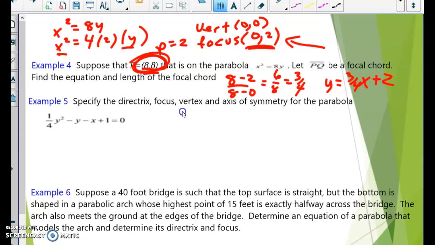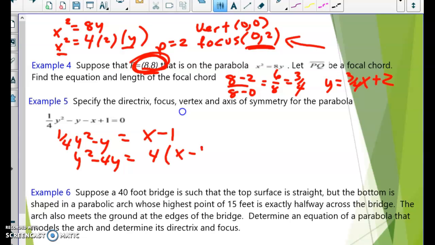So what I want to do is put 1/4 y squared minus y equals x minus 1. And then I'm going to multiply the whole equation by 4 because I don't want to deal with this 1/4. So I'm going to go y squared minus 4y equals 4 times the quantity x minus 1.